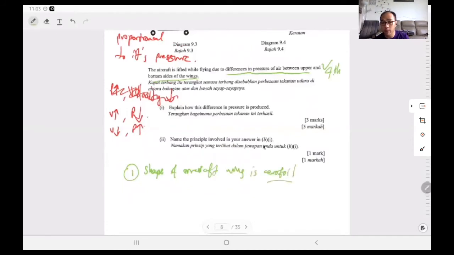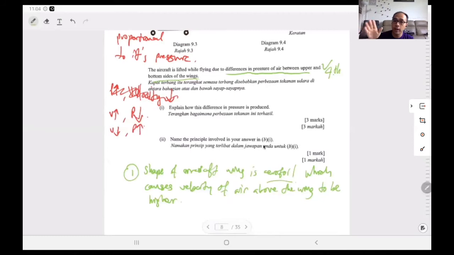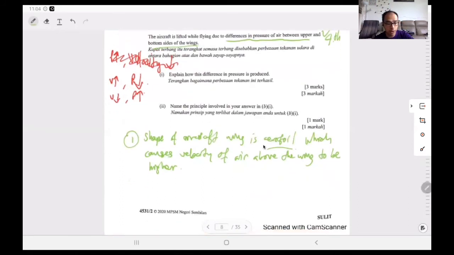This is a very important word, aerofoil, which causes the velocity of air above the wing to be higher. Point number one. In an aerofoil, since the top is bigger, the velocity of the air above has to be faster.